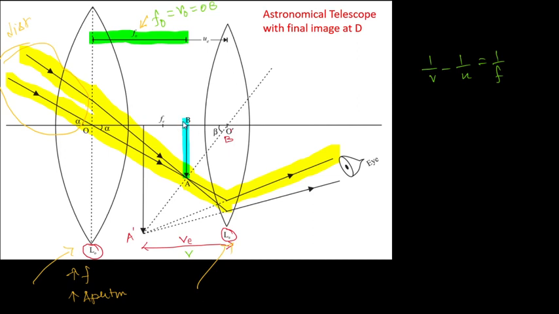Got it? So now this acts as the object distance of the second lens, that is UE. UE is the object distance of the second lens, that is the eyepiece. That is O dash B. You can call it O dash B.